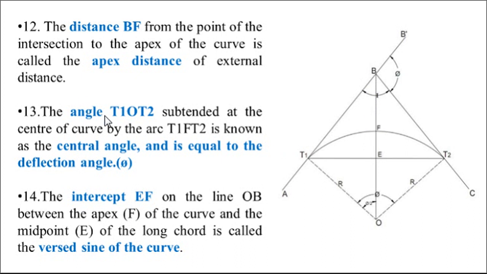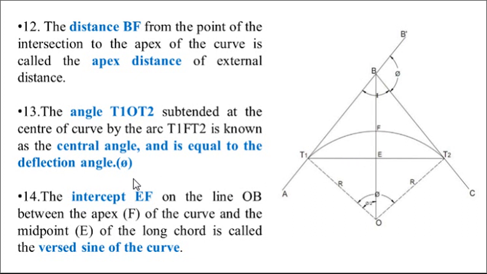Next, the angle T1OT2 subtended at the center of the curve by the arc T1FT2 is known as the central angle and is equal to the deflection angle theta. So the angle made by these two radii at the center is called the central angle.